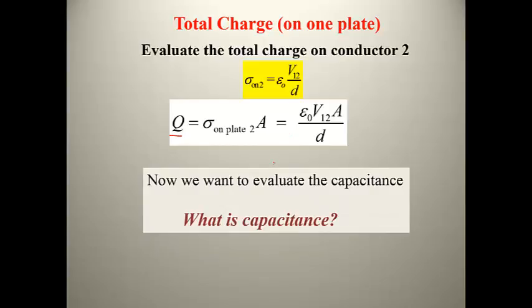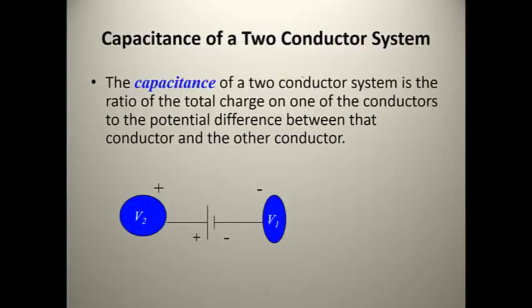So we want to evaluate the capacitance, and so we have to ask, what is the capacitance? Well, the capacitance in words of a two-conductor system is the ratio of the total charge on one of the conductors to the potential difference between the conductor and the other conductor.